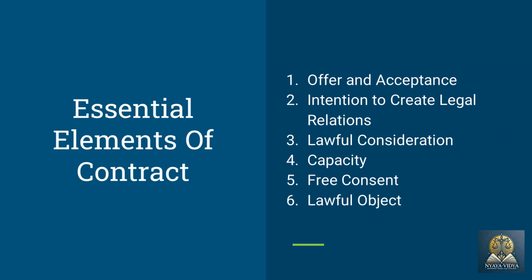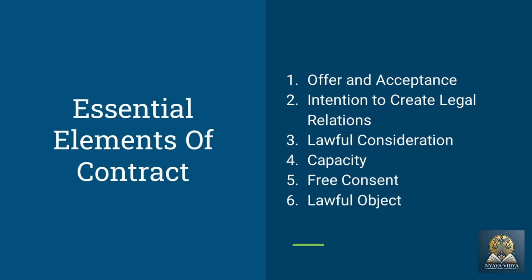Let's talk about the essential elements of a contract. The first one is offer and acceptance. I'll give you an example. A person A wants to sell his house to B. A offered his house for 5 lakh rupees, and B also accepted it. It is not illegal, so they can go ahead with the offer and acceptance.